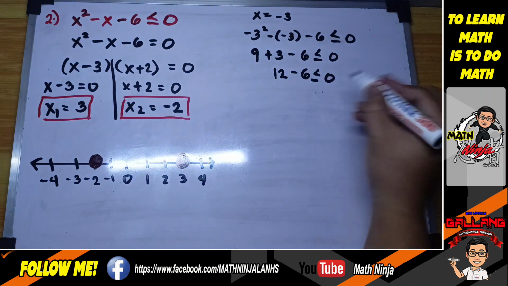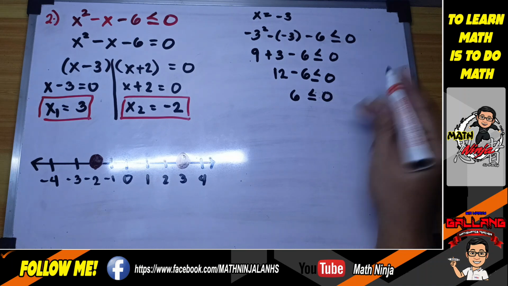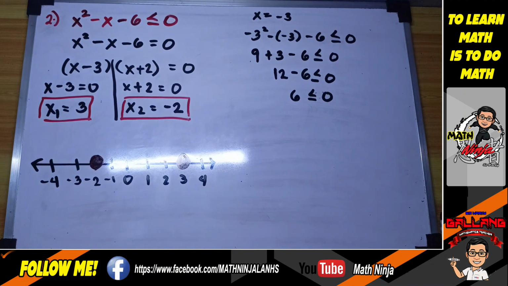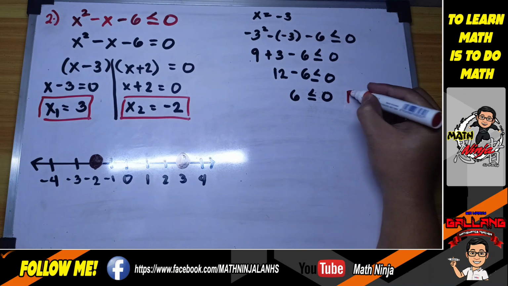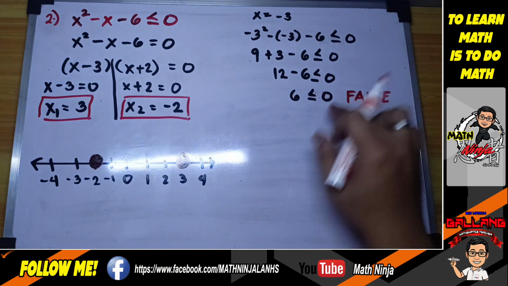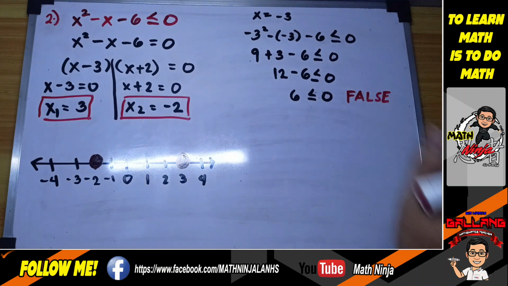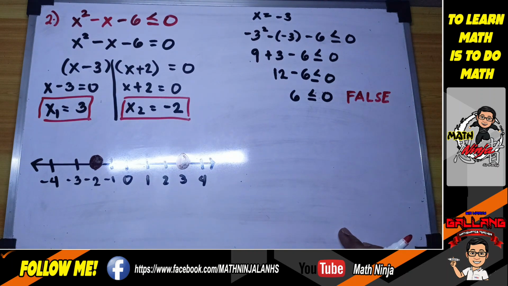So 12 minus 6, the answer is positive 6, is less than or equal to 0. Okay, so ito na yung ating final answer. As you can see, 6 less than or equal to 0, so that is false. Alam naman natin na ang 6 ay greater than 0. So in this case, that is false. Ibig sabihin yung first region natin ay hindi kasama sa ating solution set.